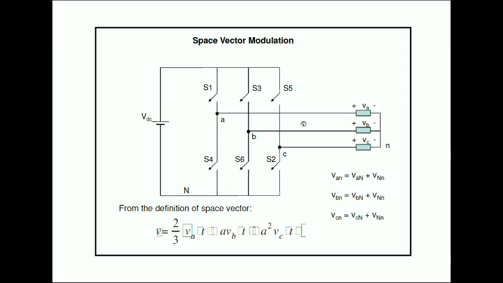So Va small n can be written as VAN plus VNN, and similarly VBN can be written as VBN plus VNN, and VCN can be written as VCN plus VNN.